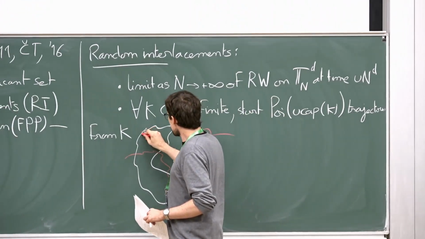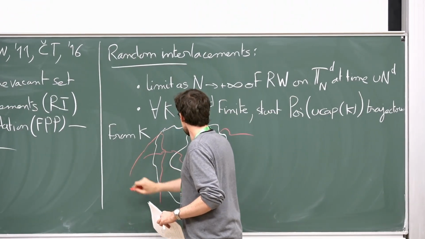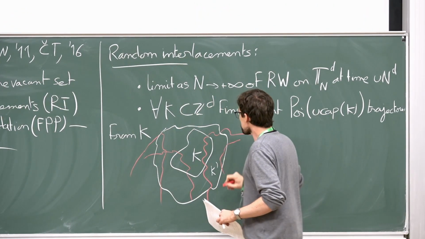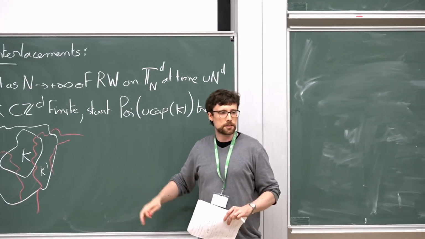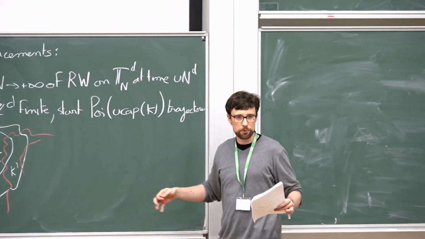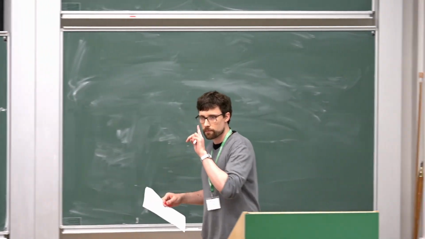And so you might need to add a few trajectories that do not hit K, and you do that consistently. And if you let K go to infinity consistently, this is what gives you the random interlacement process on Z^d.